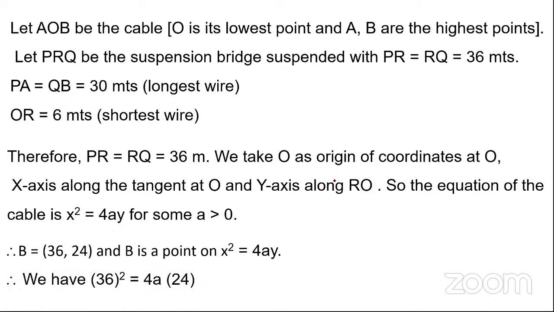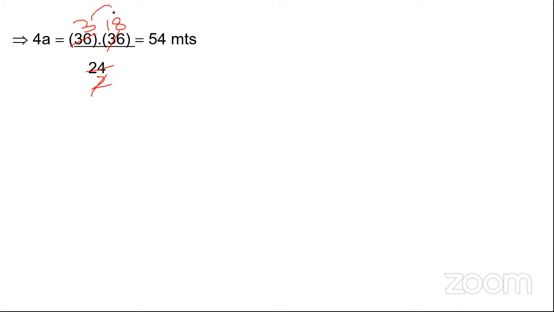So we have 36 whole square equal to 4a of 24. Here I'm writing 4a equal to 36 whole square by 24, that is 36 into 36 by 24, which equals 54 meters. Simplifying, 12 twos, 12 threes, 2 eights, 2 18s, 3 into 18 is 54.